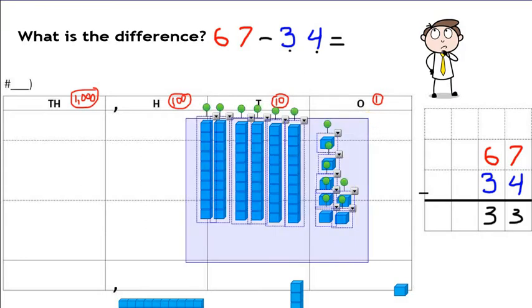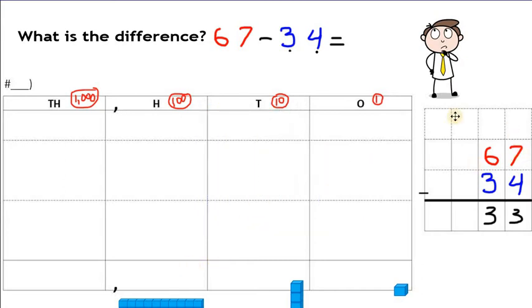So I don't need these blocks. I'm going to go ahead and delete them. And I'm going to build this number 67. 6 tens. 1, 2, 3, 4, 5, and 6 tens, and 7 ones. 1, 2, 3, 4, 5, 6.